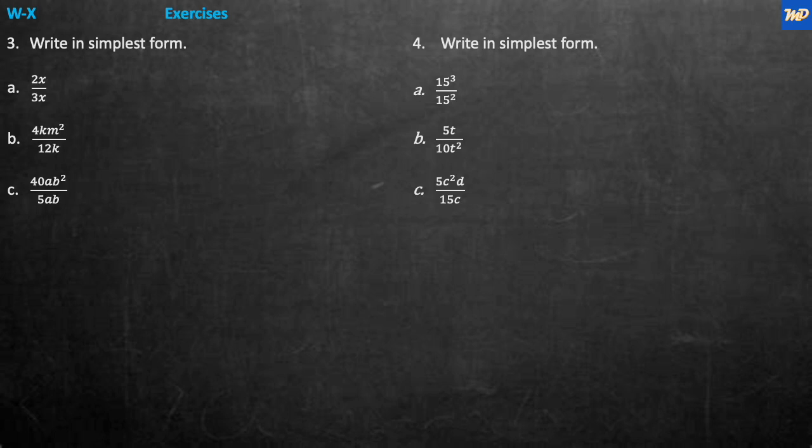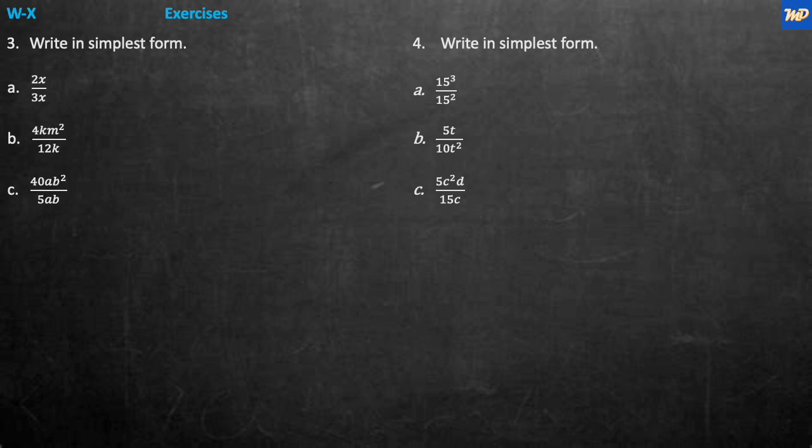Okay. So now we're going to do the same thing a little further. We're writing in simplest form. We have three fractions that we're going to write in simplest form, but they're a little more complex because now they're variables and numbers. So let's start off with 2x over 3x.